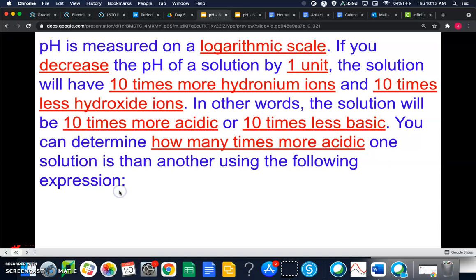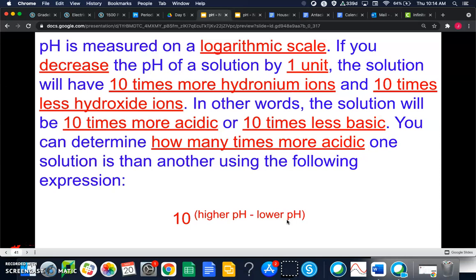You can determine how many times more acidic one solution is than another using the following expression. And so if we just take 10 and then we take the solution with the higher pH and subtract the solution with the lower pH, that's how many times more acidic the solution with the lower pH is than the solution with the higher pH.